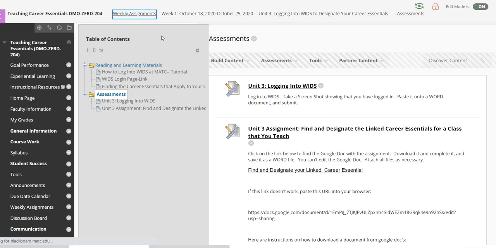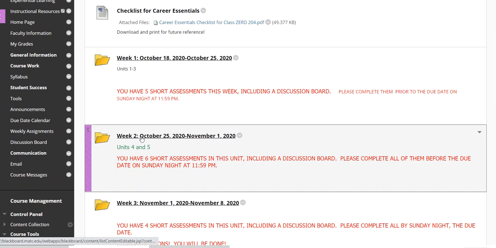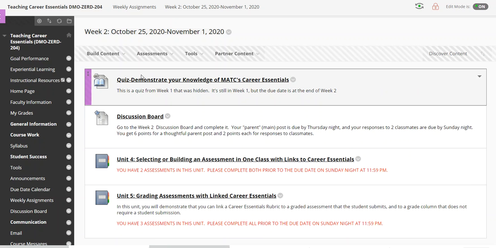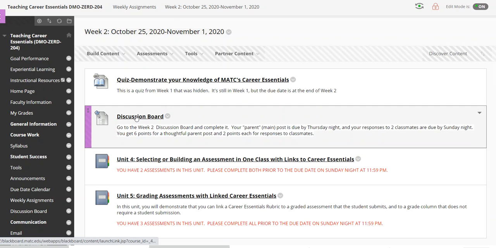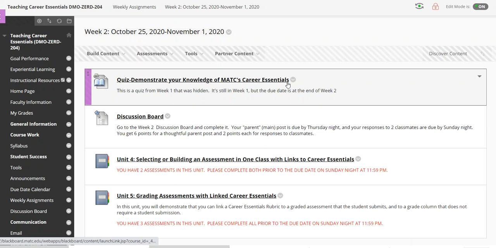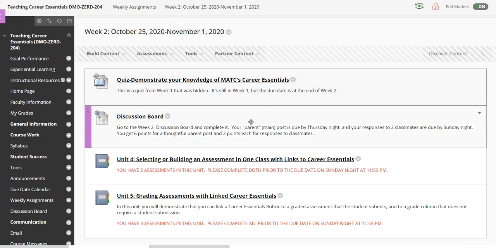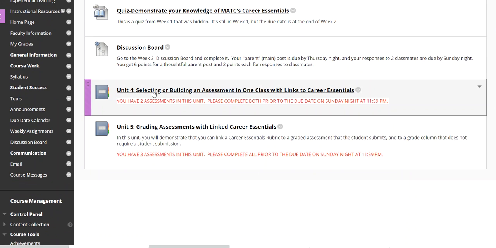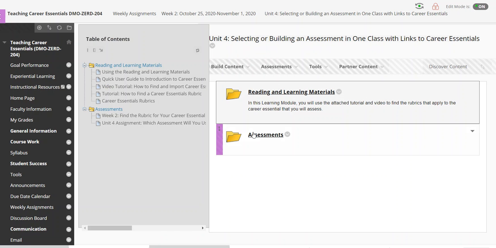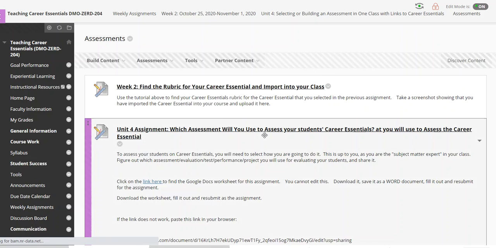So that's week 1, and then again you'll have week 2. You have 2 units in week 2. You have a discussion board. I am going to take this out because what happened was that the quiz was hidden in week 1. So unit 4 is selecting or building a career essential, and again we have assessments.